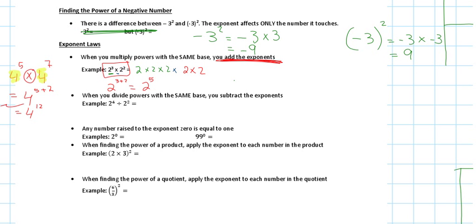Do you guys get this? Okay, so let's do a couple of examples. So I have x to the power of 3 times x to the power of 4. This is a multiplication. Do I have the same base? Yeah. What's my base? The x. And then what is happening between the two terms?